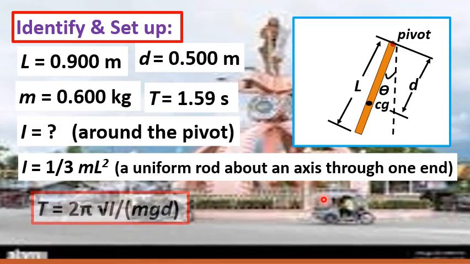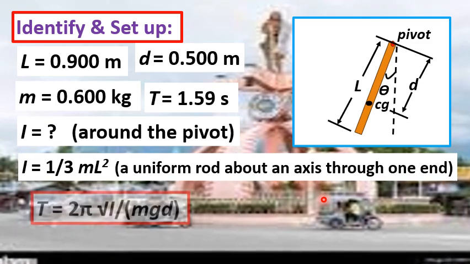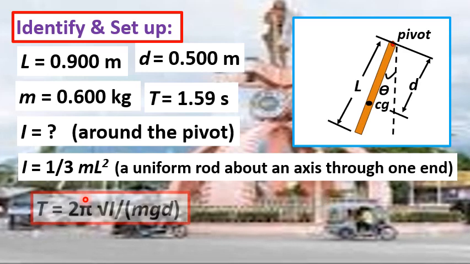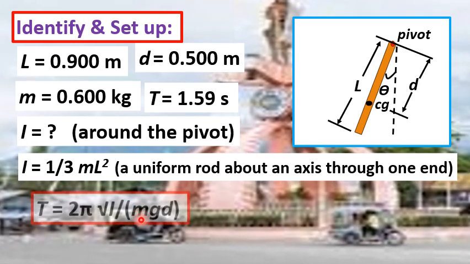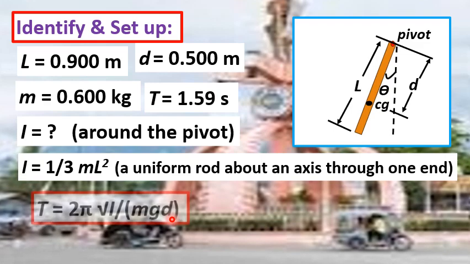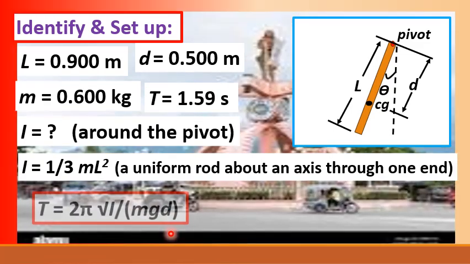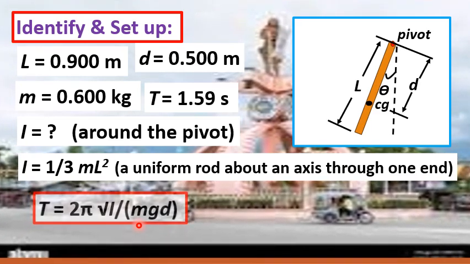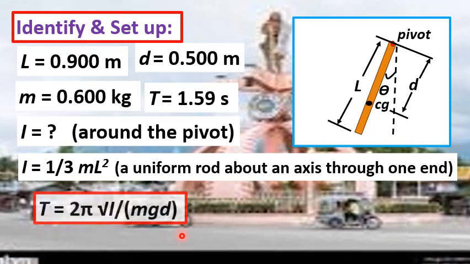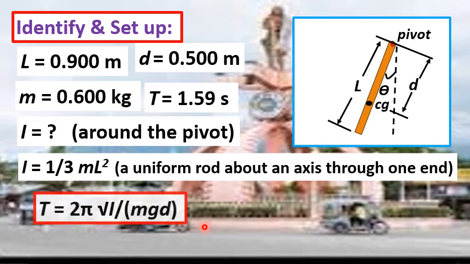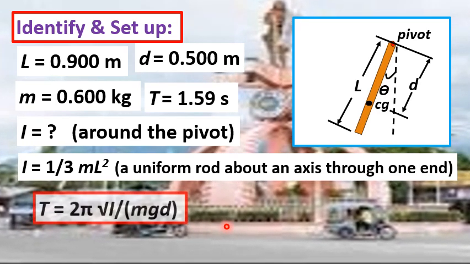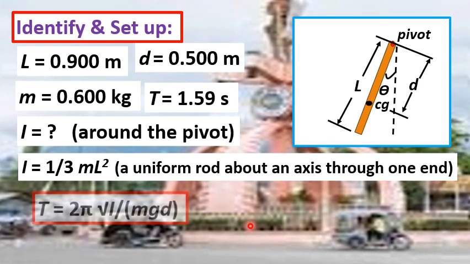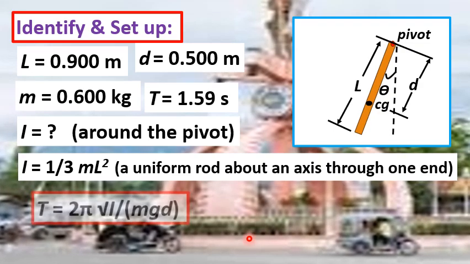So we base it on the equation for the period of a physical pendulum, right? The time period capital T of a physical pendulum is given here as 2 pi multiplied by the square root of the moment of inertia, capital I, divided by the mass times acceleration due to gravity and the distance d.